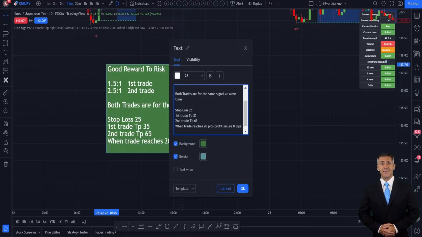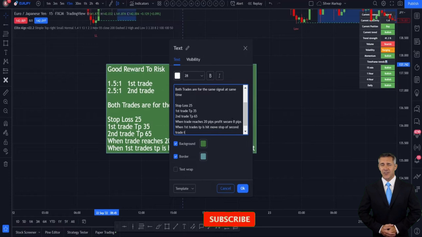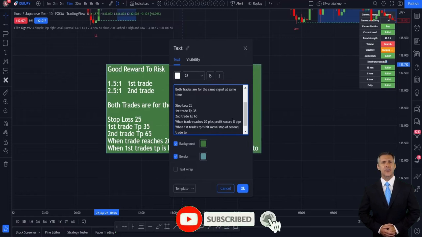And then when the first trade's TP is hit, move your stop loss of the second trade to 25 pips.